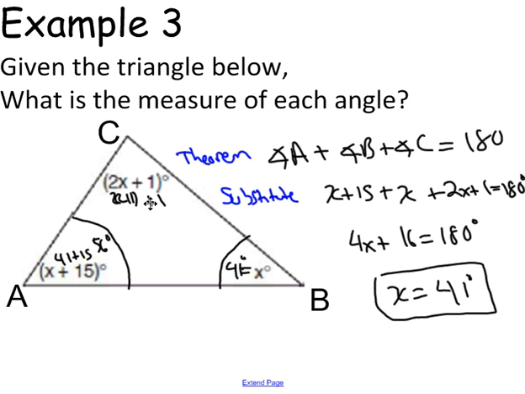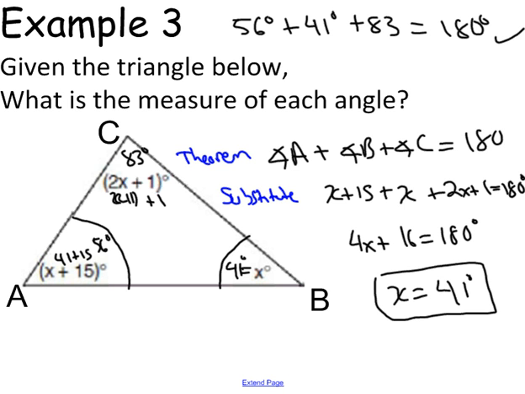That's 83. So we have an 83 degree angle, a 56 degree angle, and a 41 degree angle. So let's check. 56 plus 41 plus 83. Will that give us 180? Yes, it most certainly will, so we know we did it correctly.